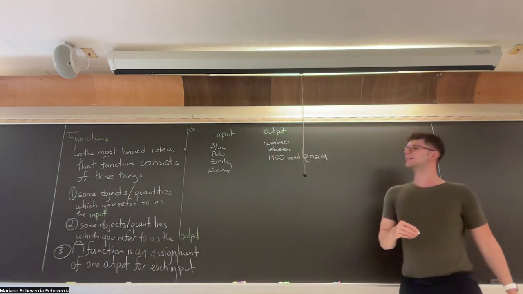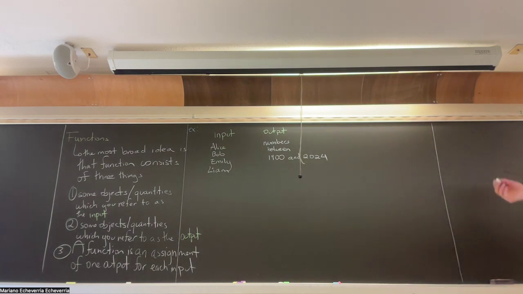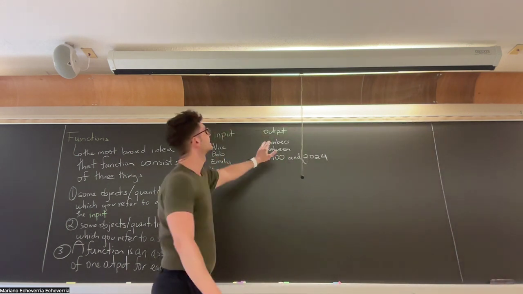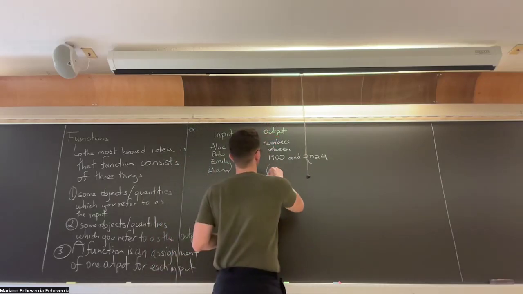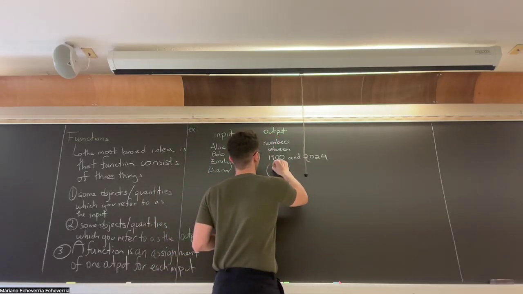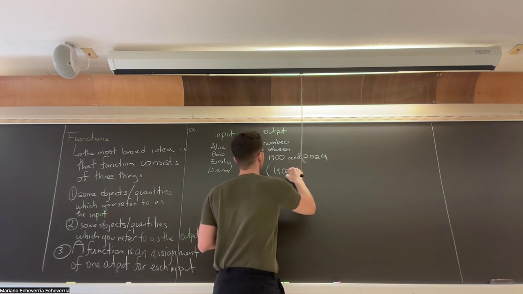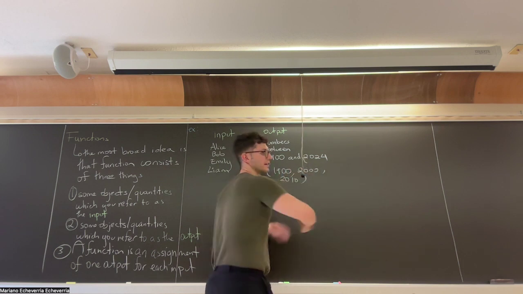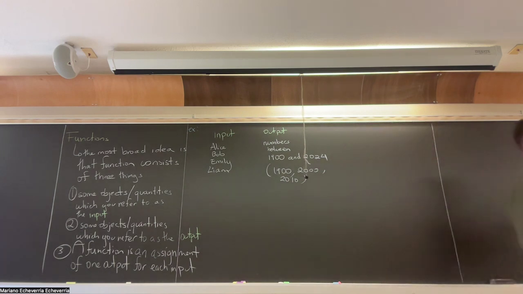That seems like a very big stretch, but it's just to say, what would be in here? 1900 could be here, 2000 could be here, 2010 could be here, etc. There are a bunch of numbers that fit into the category.